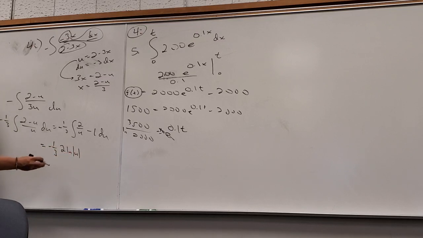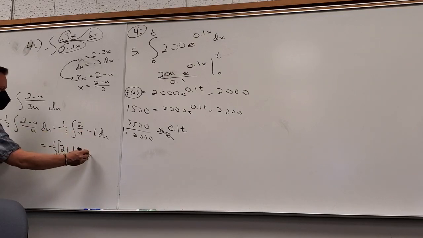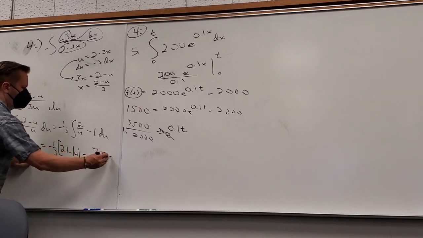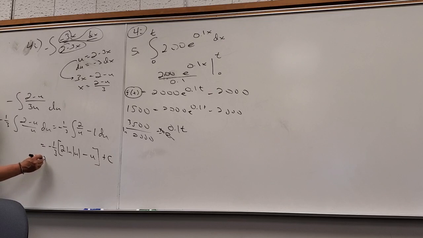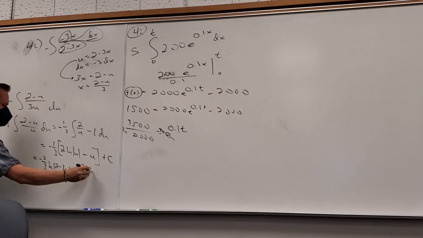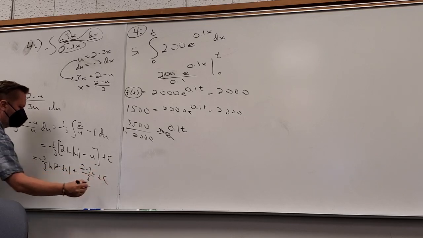Look at that. Minus the integral of 1, which is u. Right. So then I get negative 2/3 natural log of, what was u? 2 minus 3x. Plus 2 minus 3x over 3, plus c.